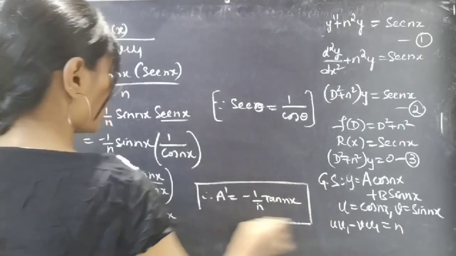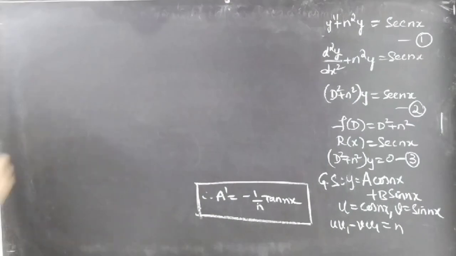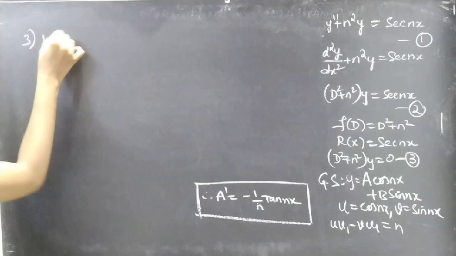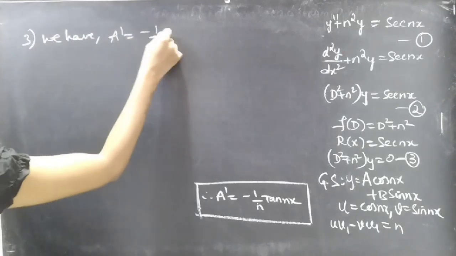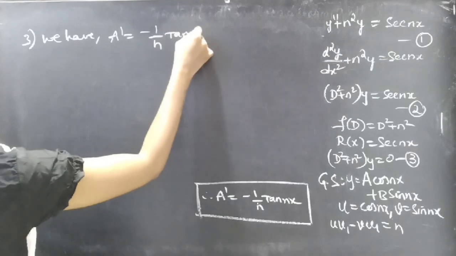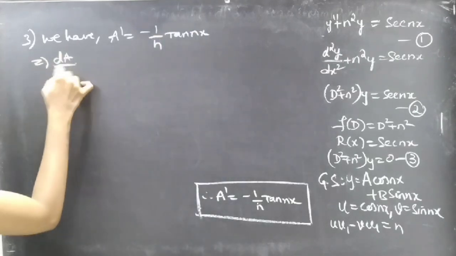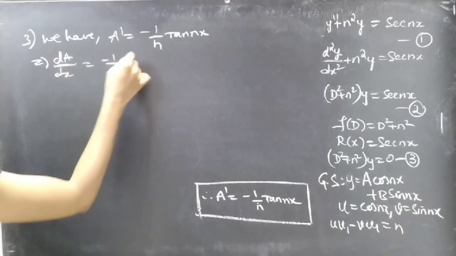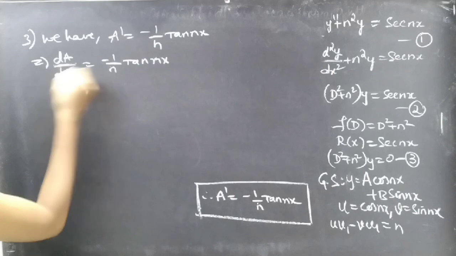Let's now find a using this a dash. We have a dash equals minus 1 by n tan nx, right? A dash is nothing but the derivative of a with respect to x. Just separate the variables by taking the differential dx to the RHS.